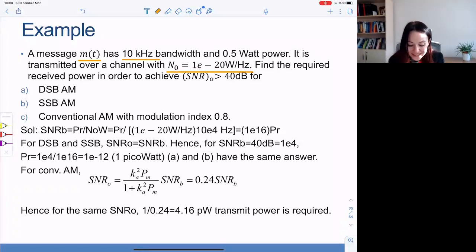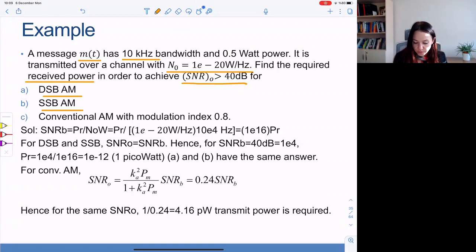Find the required receiver power in order to achieve output SNR bigger than 40 dB for double sideband, single sideband, and conventional AM with modulation index 0.8. First of all, whatever we find for double sideband, SSB is going to be similar, and we don't have to do an extra computation, because they have the same figure of merit.